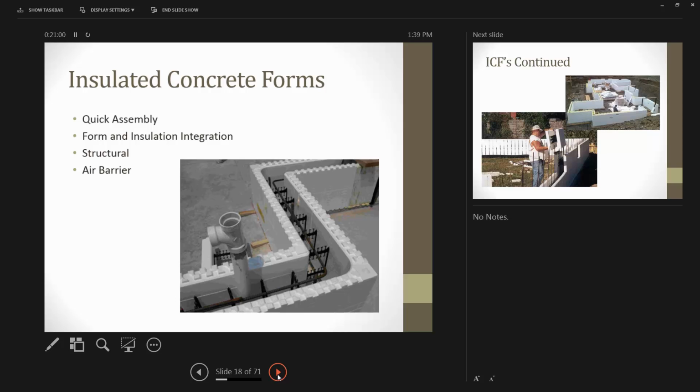With concrete forms like these, they've got insulation both inside and out, so it creates that thermal break between the concrete and the ground. Also very low air infiltration, and so they're becoming more and more popular.